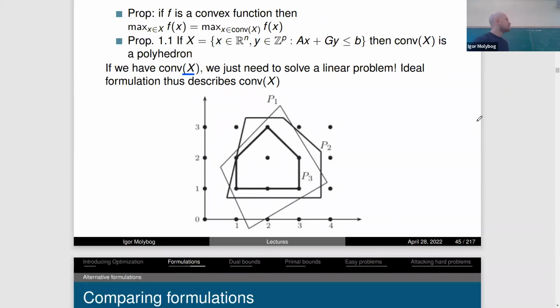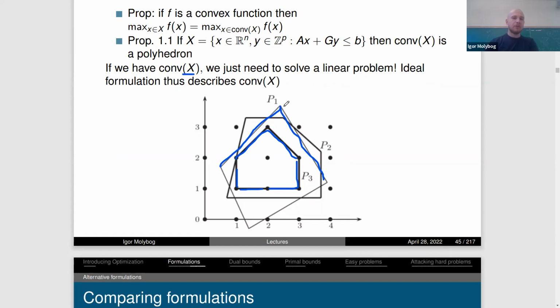So looking at this picture, you can see that, for example, this formulation over here is, in a way, simpler than the exact formulation, because it consists of a smaller number of inequalities, right?